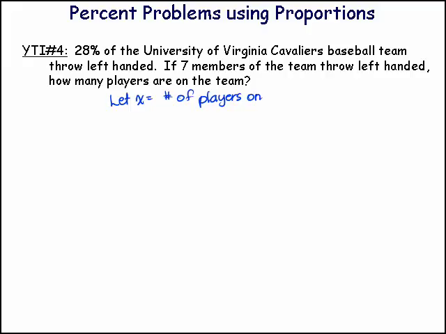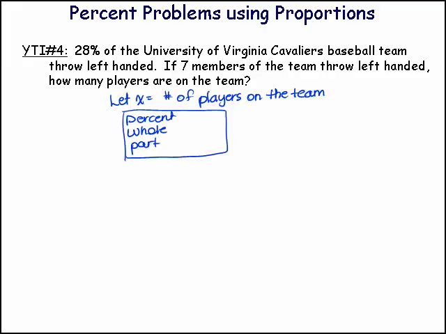So that's a total. That sounds like the whole part to me. Let's look at what we have for percent, whole, and part. I know we've already taken care of one of those in the let x equal. I like to have it down here so I know how to put my equation together.